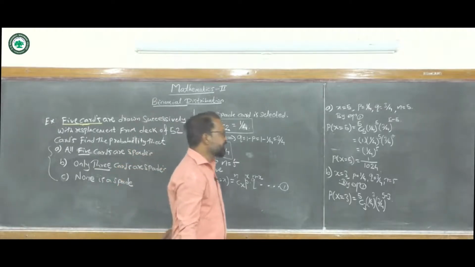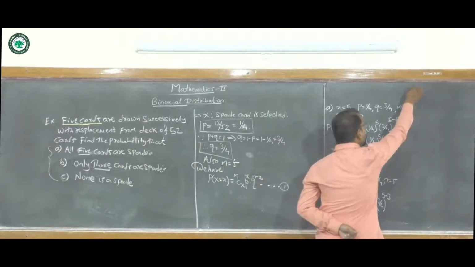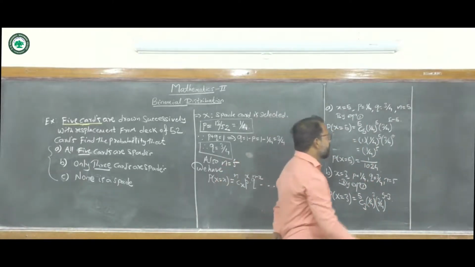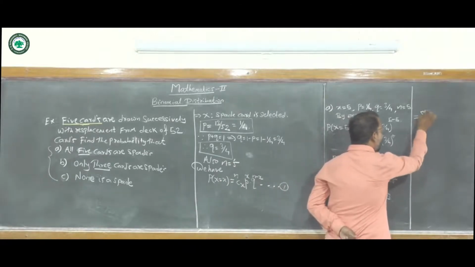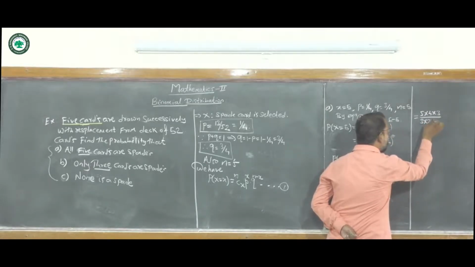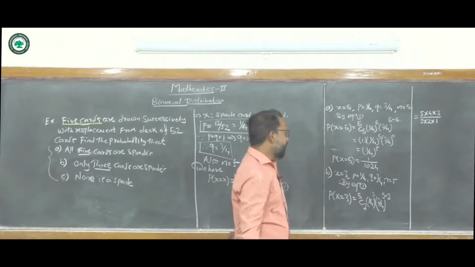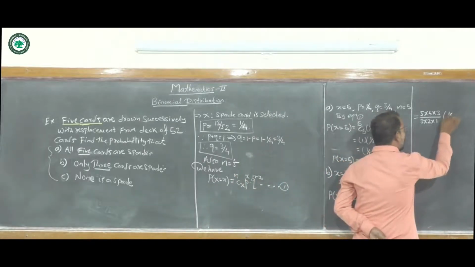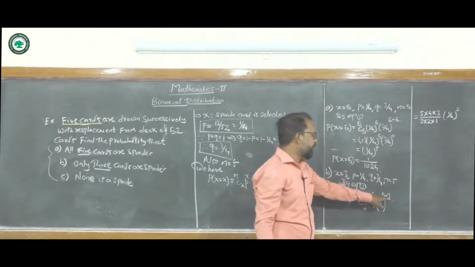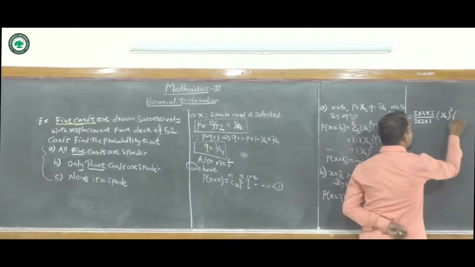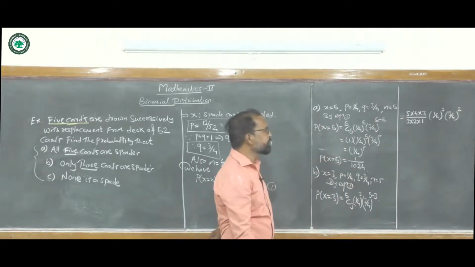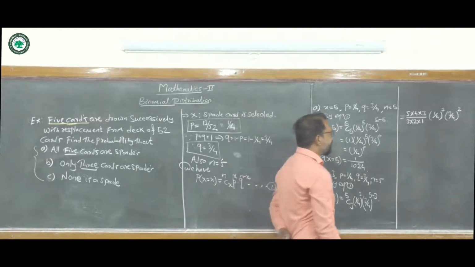Now make these calculations. 5C3 is equal to 5 into 4 into 3 divided by 3 into 2 into 1. Now 1 upon 4 raised to 3 as it is. 5 minus 3 becomes 2, so it becomes 3 upon 4 raised to 2. Now make this calculation and simplify.